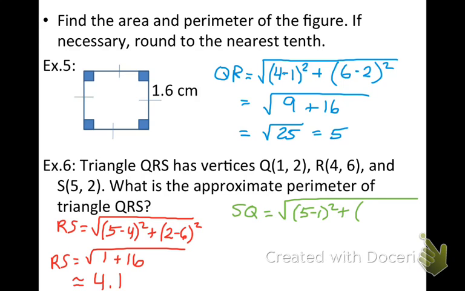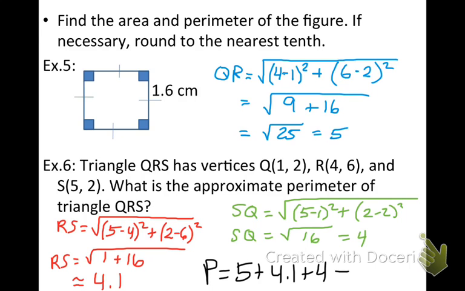The difference in the y-coordinates, 2 minus 2 squared. SQ is going to be the square root of 16, which is equal to 4. So our final answer, our perimeter, P, is going to be 5 plus 4.1 plus 4, and that will be 13.1.